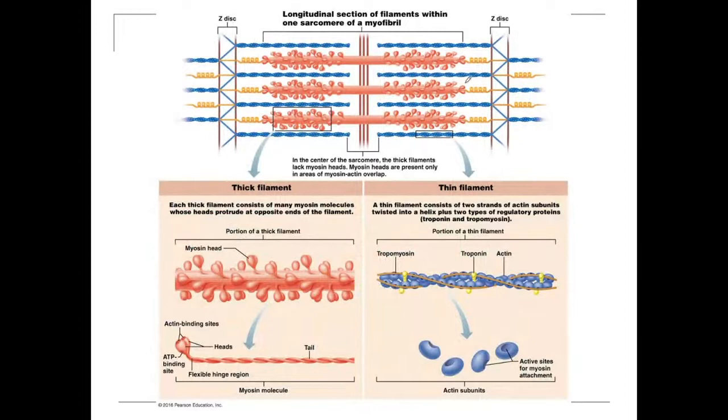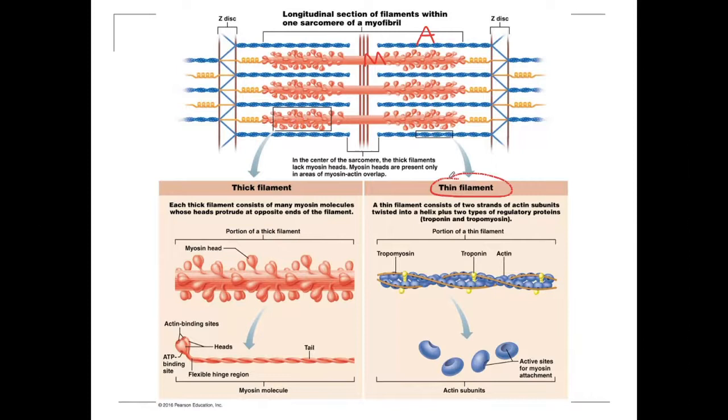So on the top here, we're looking at the orientation of what actin and myosin look like, right? Myosin, which is the thicker one in the middle with all of the myosin heads, and actin is thin, right?